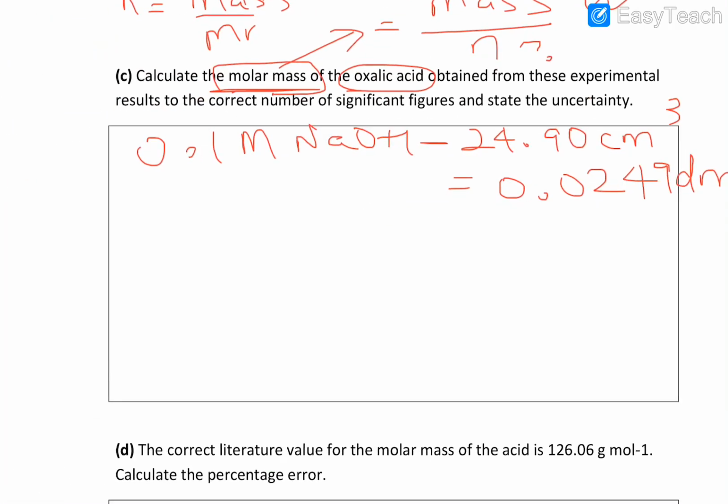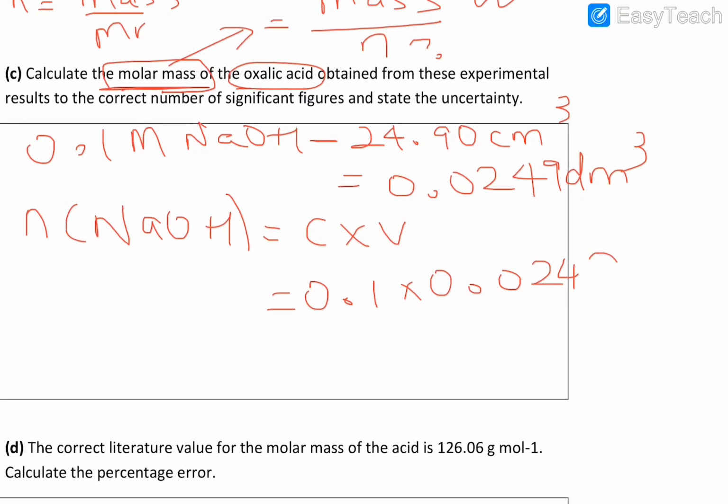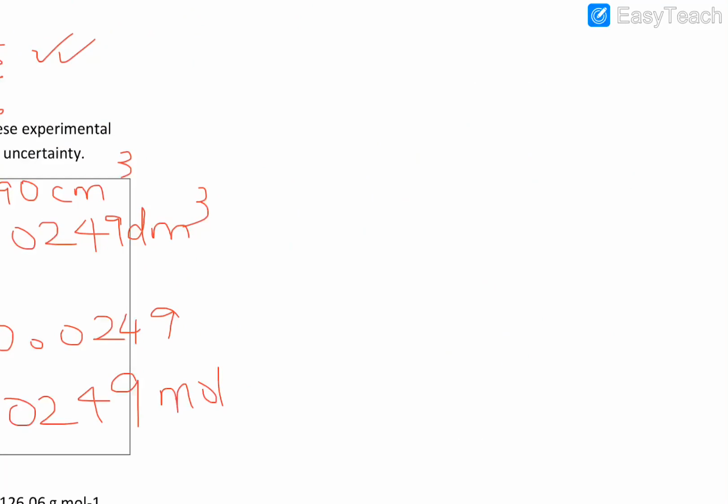Okay, so number of moles of NaOH, that's concentration times volume, 0.1 times 0.0249, that gives me 0.00249 moles of NaOH. Okay, I'm going to continue here.